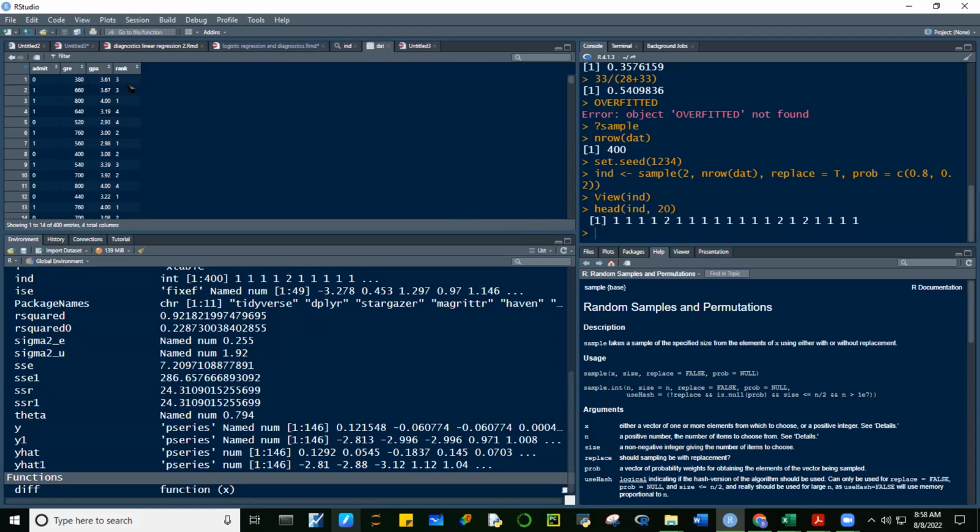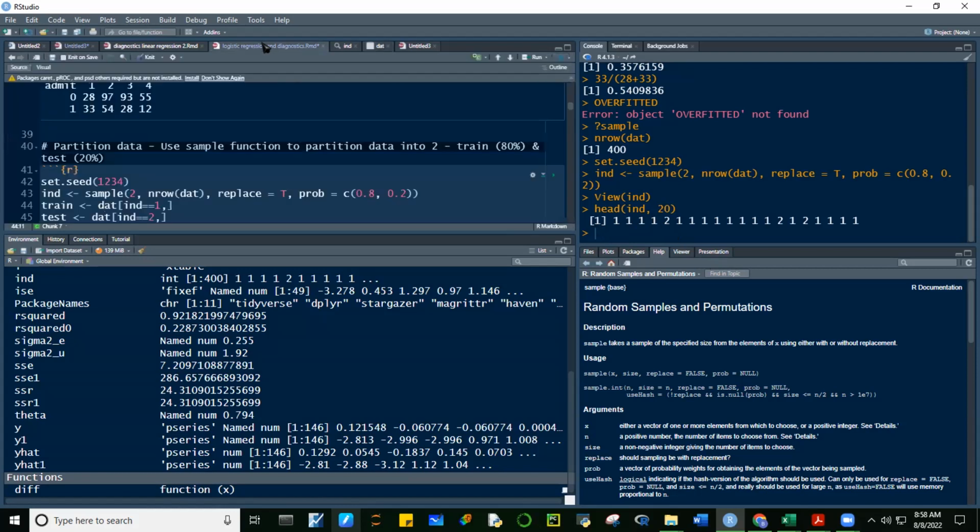So yung first element na to, this is 1, 1, 1, 1, 1, and then yung number 6, 2 na, no? So we're splitting our data dot into 2, and ni-number siya into 1 and 2. Lahat ng number 1, papasok siya kay train, based on our code chunk here. Lahat ng number 2, pupunta siya kay test.